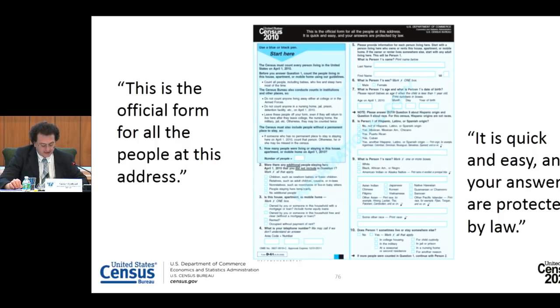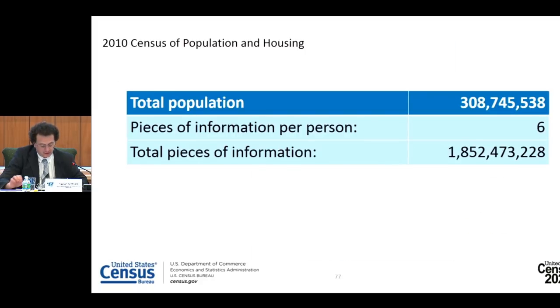In the 2010 census of population and housing, we counted 308,745,538 people. If you consider the 6 pieces of information per person that was used to compute the published statistics, that comes to roughly 1.9 billion pieces of information.